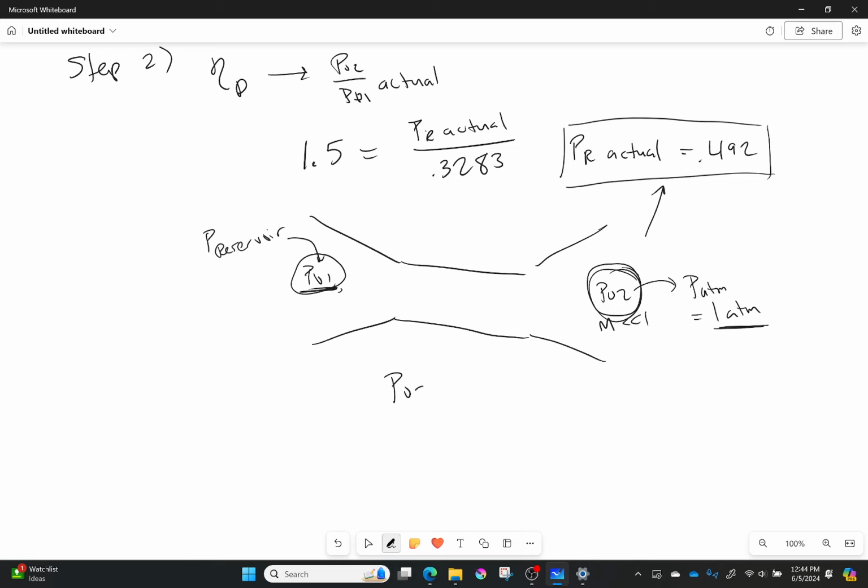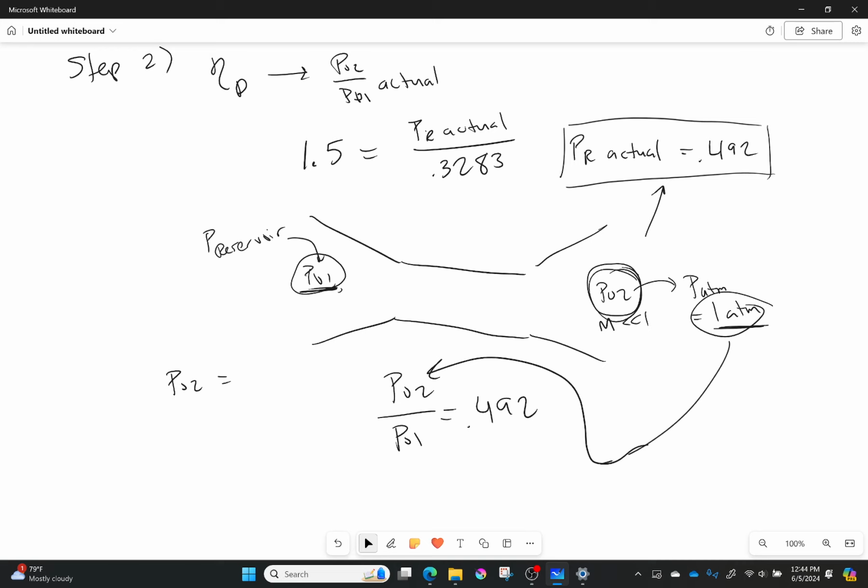So if P02 over P01 is equal to 0.492, and P02 is 1 atmosphere, I plug it in there. Sorry, I put the arrow on the wrong side. I really freaked myself out there.